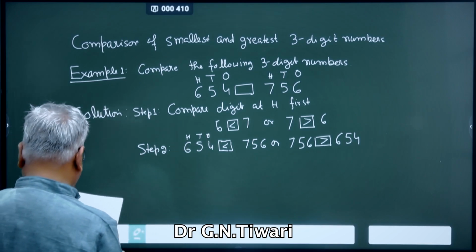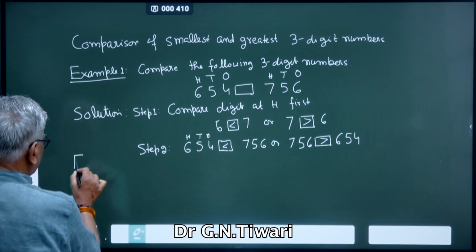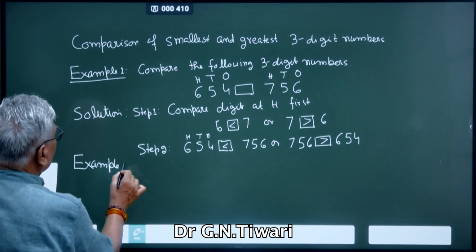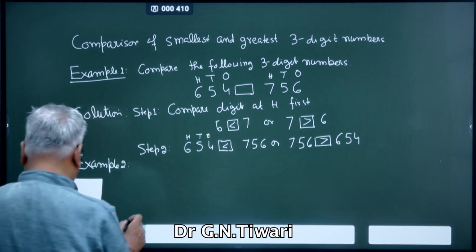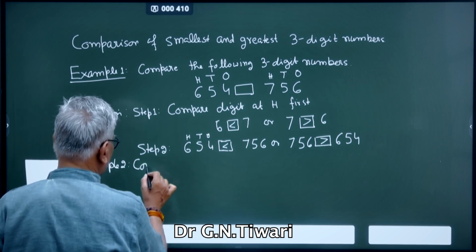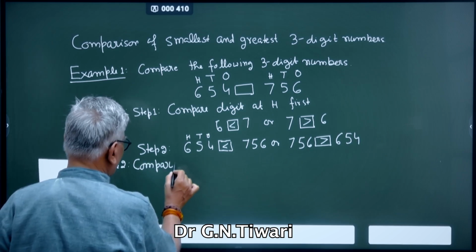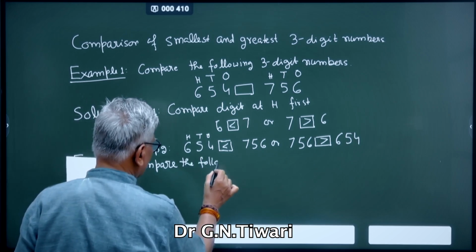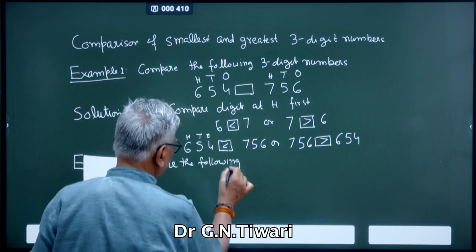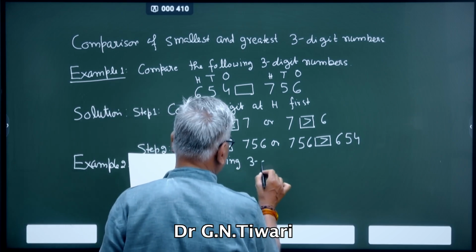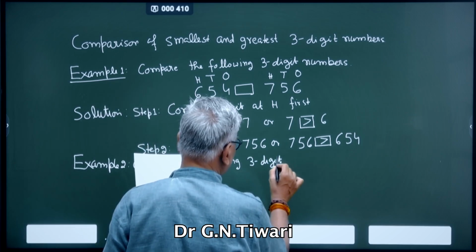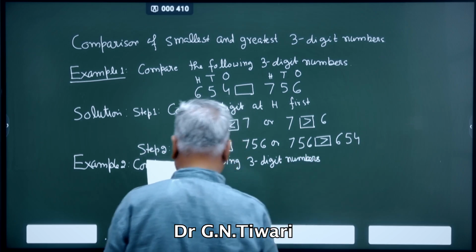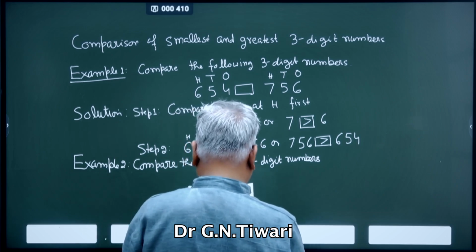Now second example. Example 2. Compare the following three-digit numbers. कैसे है अब देखिए.